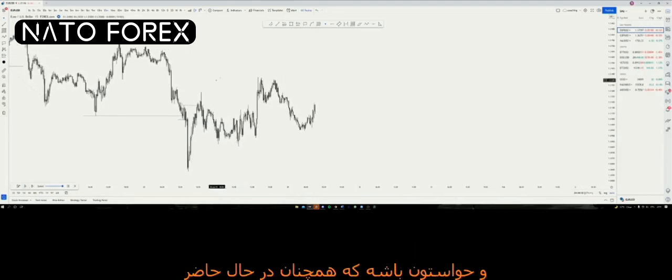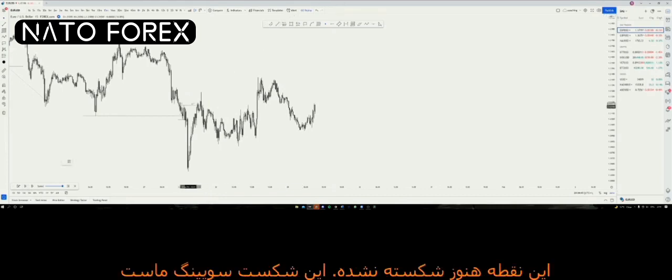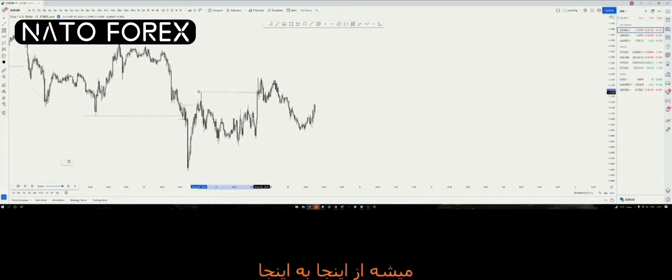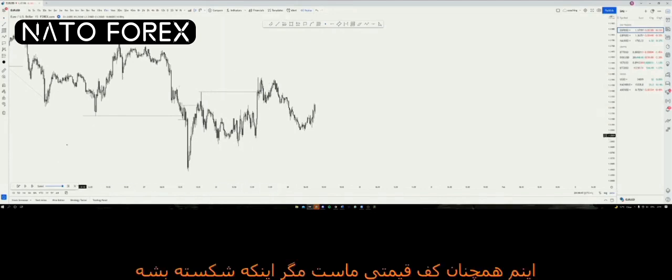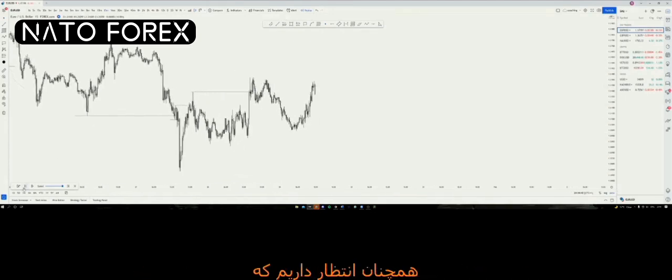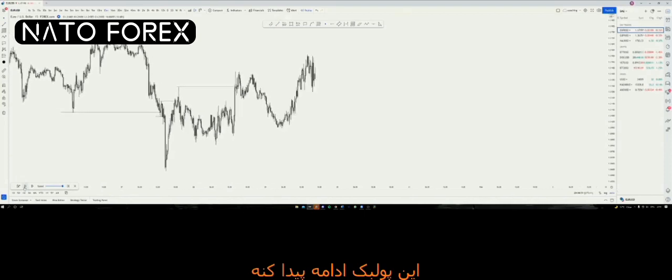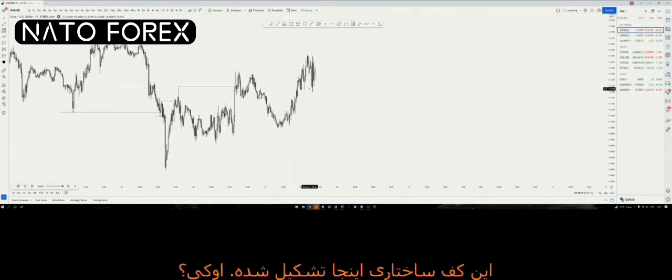And notice, at this point in time, this is now our swing break, so this is still the low, so until that gets taken we can still expect this pullback to continue. Now we've got other stuff within here, so we break this high, we form this structural low here.